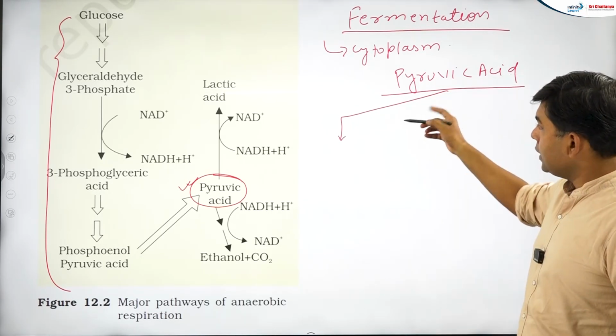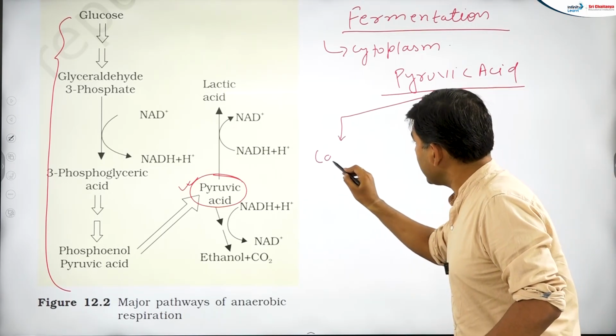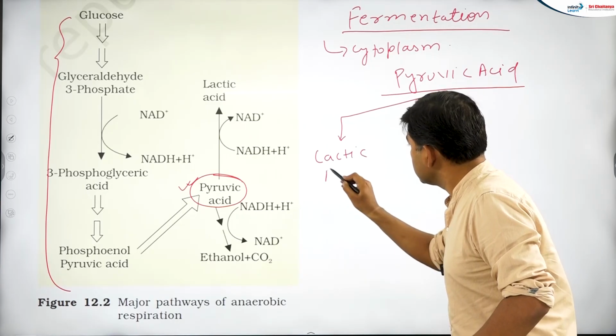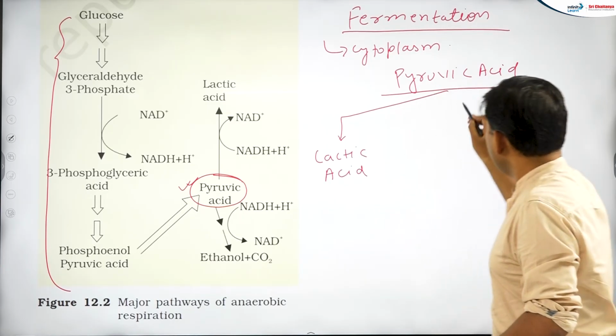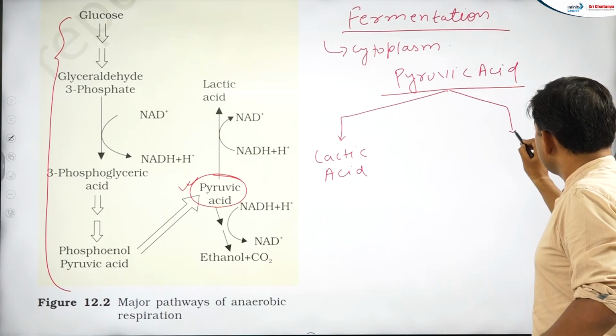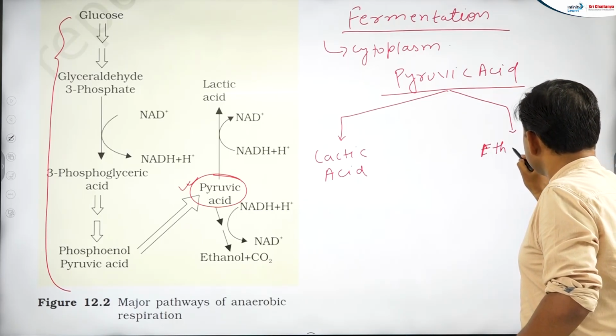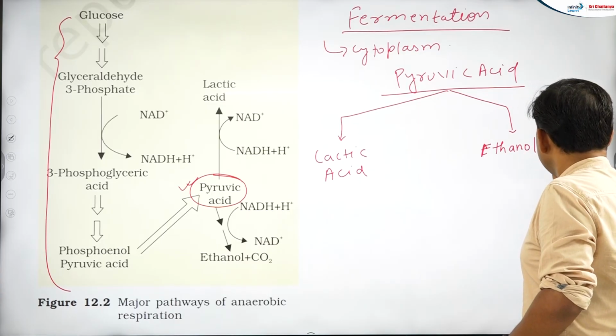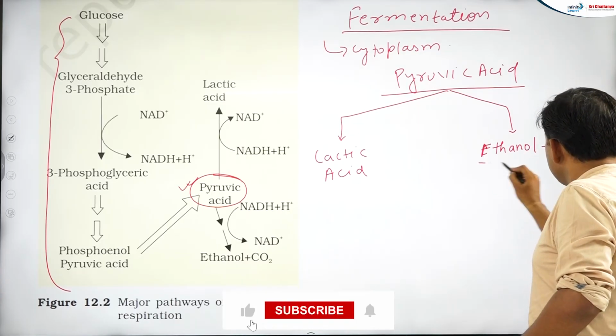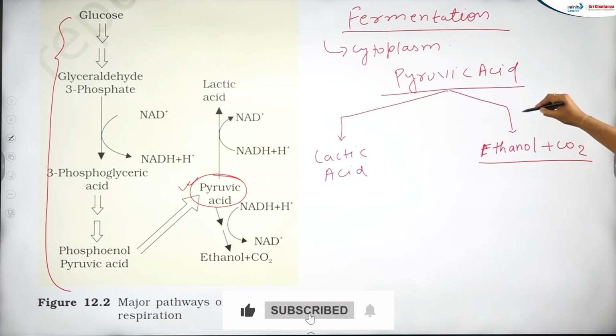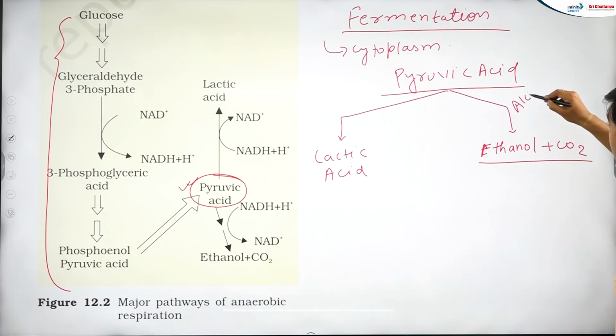Either it can form lactic acid, or it can form ethanol, which is alcohol, and CO2. If it forms ethanol and CO2, it is called alcoholic fermentation.